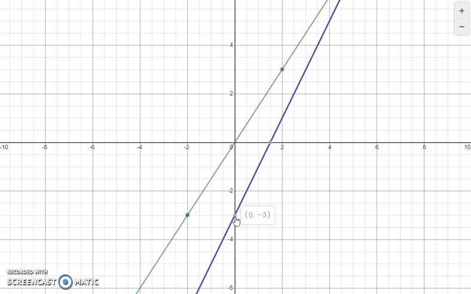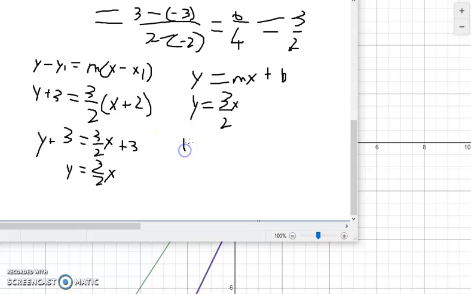So basically, there's only one of these that exists for any given line, and it's where the line crosses the y-axis. It's where the x-coordinate is 0. So again, that equation is y is equal to 2x minus 3, which means your slope is 2 and your y-intercept is negative 3.